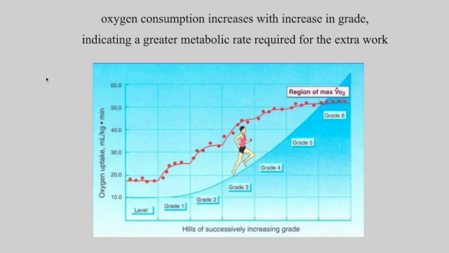So if we look at this picture, every step of the run, the oxygen consumption goes up, till on grade 6 is basically where this athlete is going to give up.